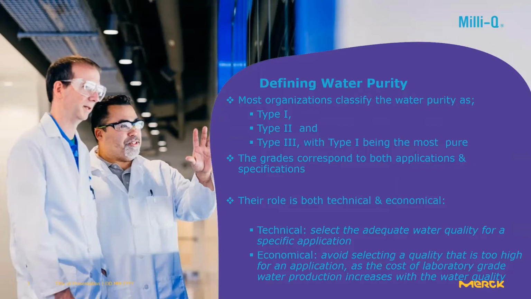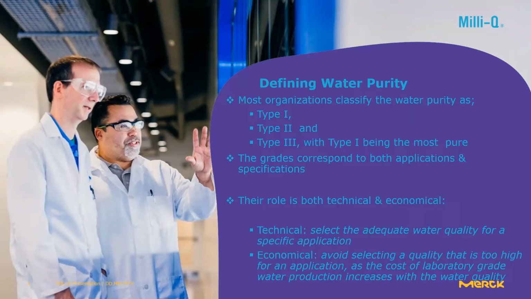It also talks to the economic point, because this helps in avoiding selecting a quality that is too high for an application, as the cost of laboratory grade water production increases with water quality. So what does this mean?